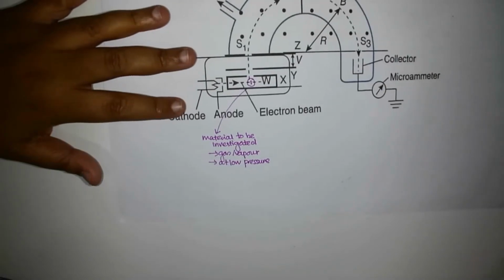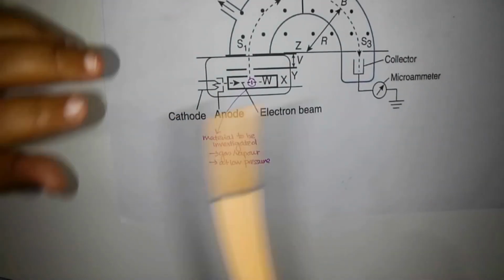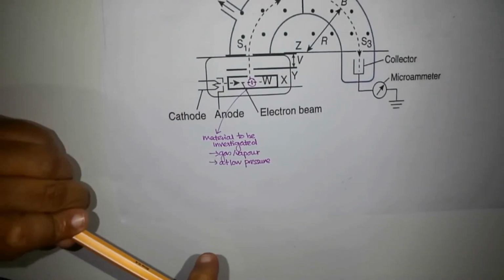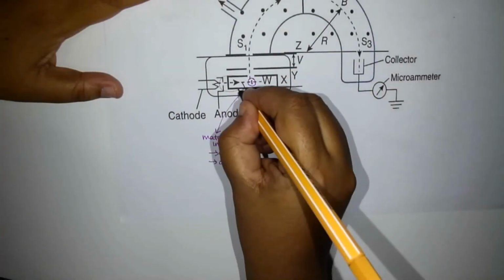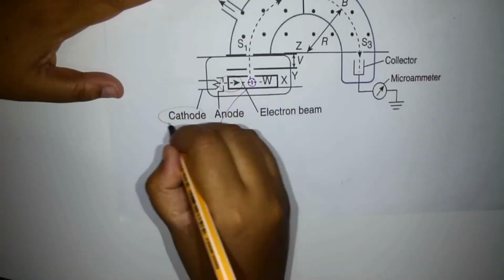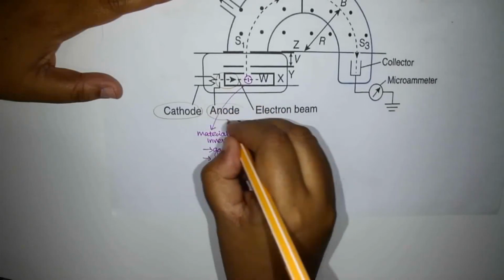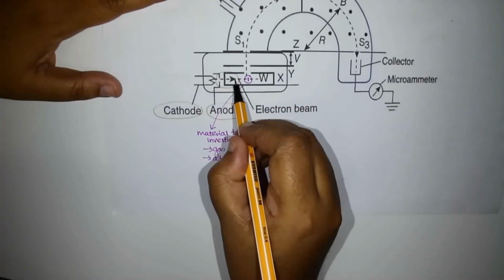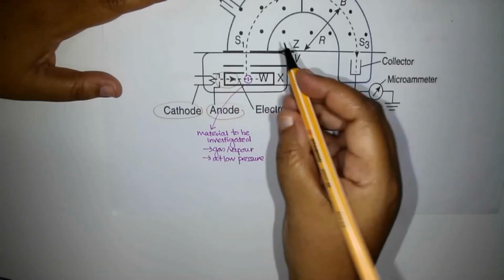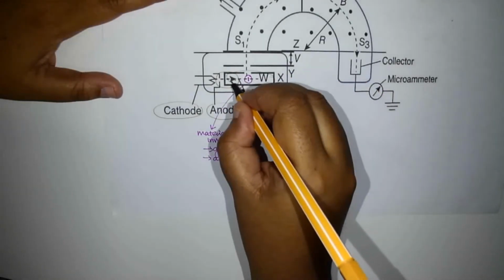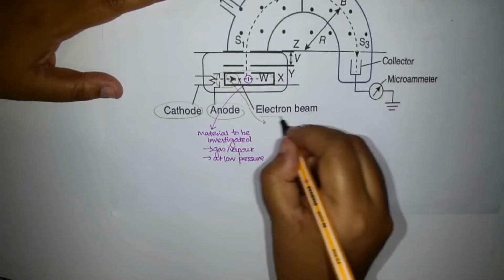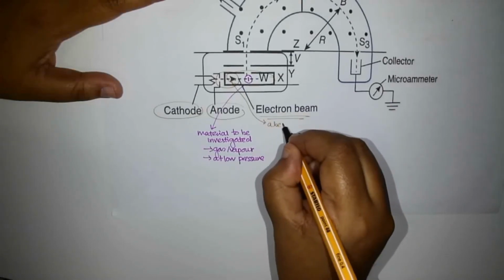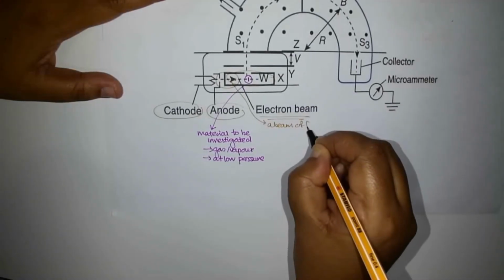Then process number 2 is here. You can see that this is a cathode and this is an anode. So a beam of fast electrons from the cathode collides with this material.